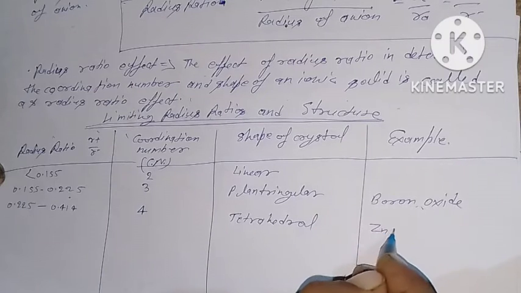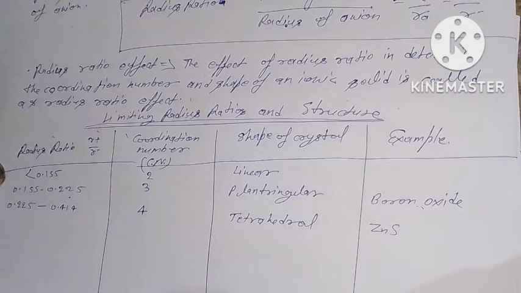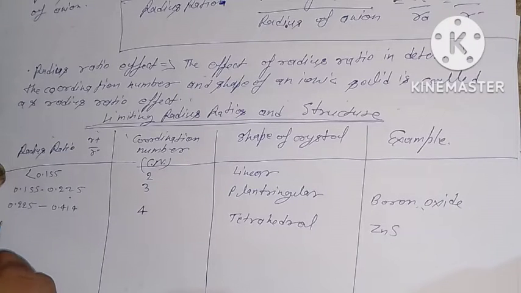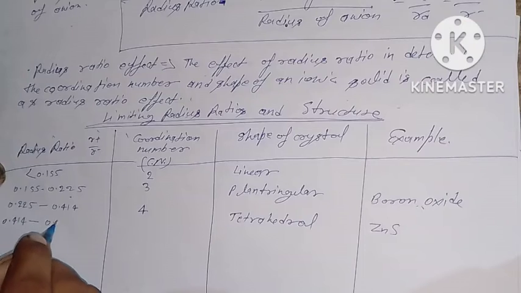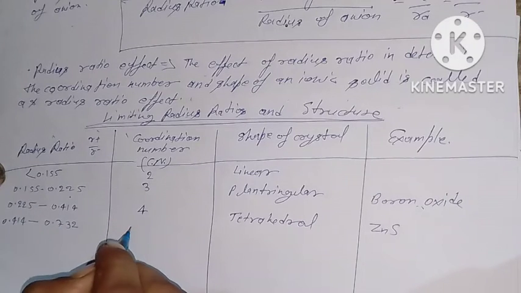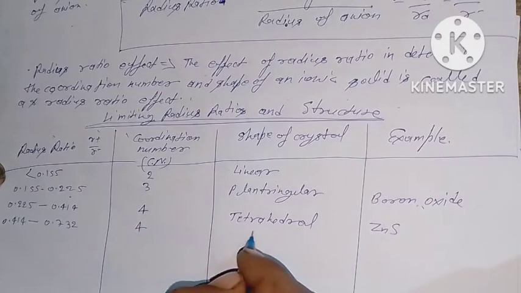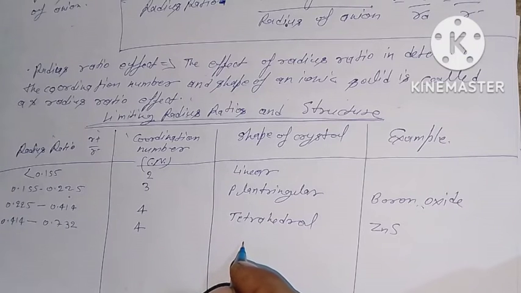Example zinc sulfide, ZnS. Next is 0.414 to 0.732, and coordination number 4. Shape of crystal is square planar.